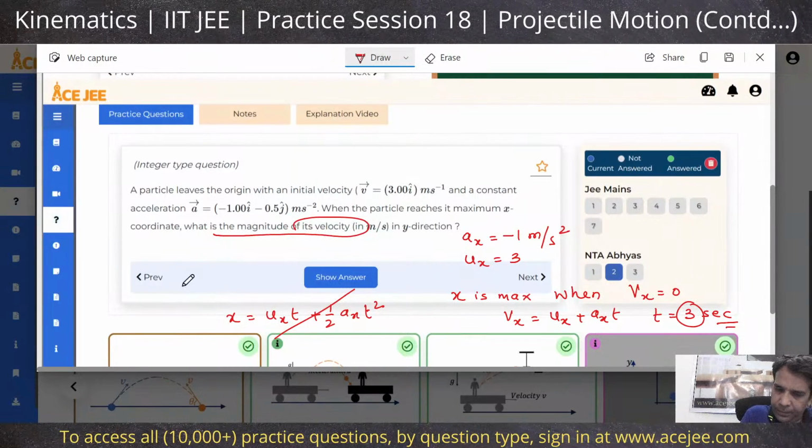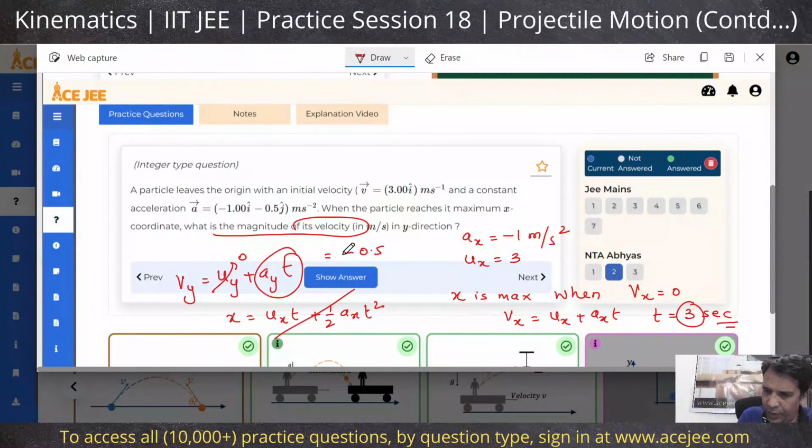So vy equals uy plus ay t. We know uy is 0. So simply ay t, which is minus 0.5 into time 3, minus 1.5 meters per second. That's what you guys said?